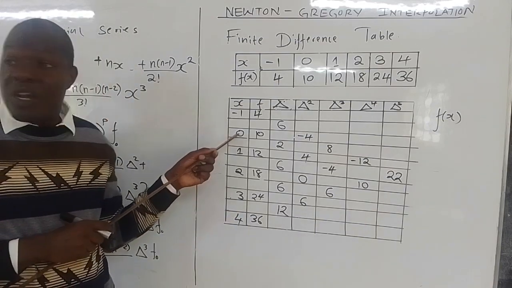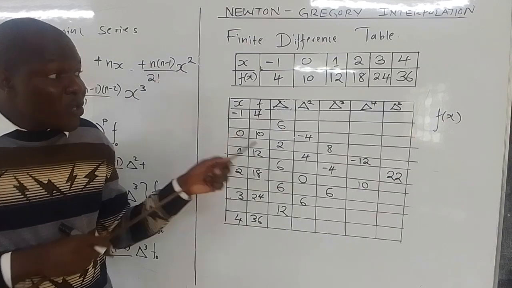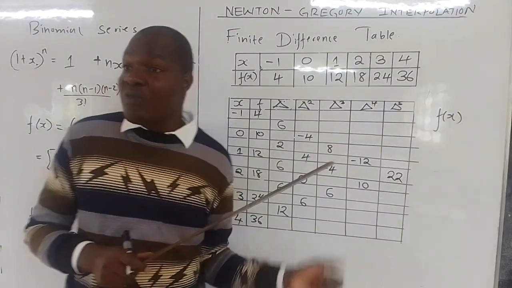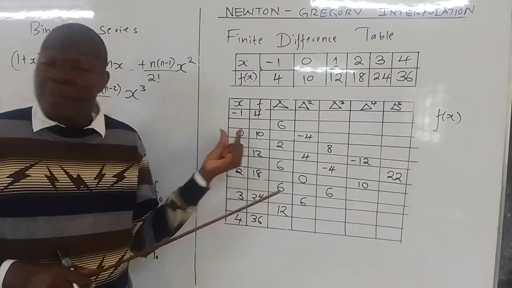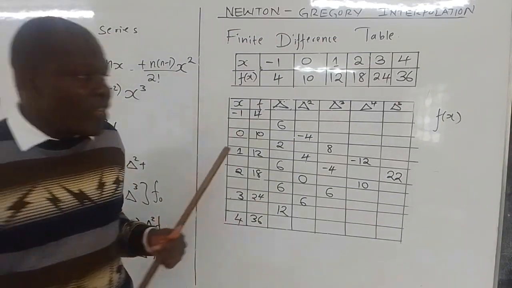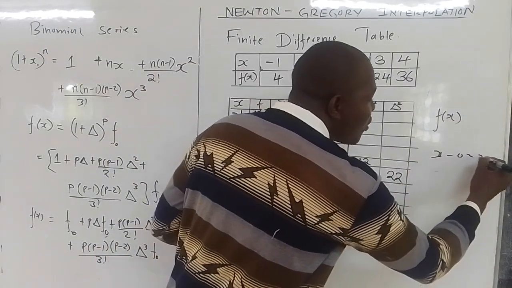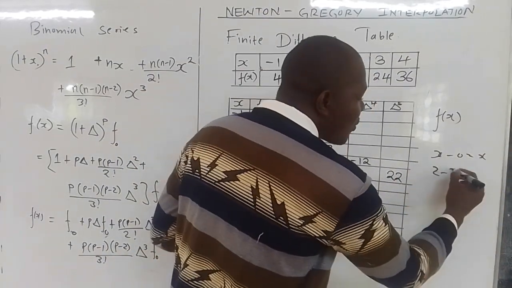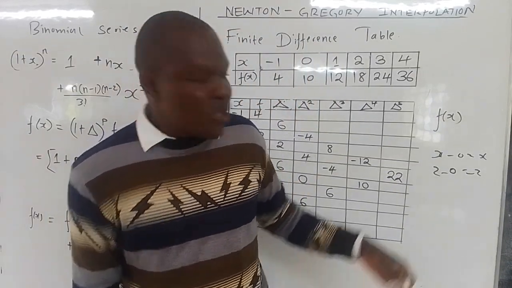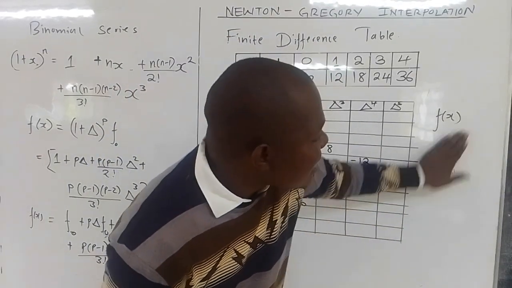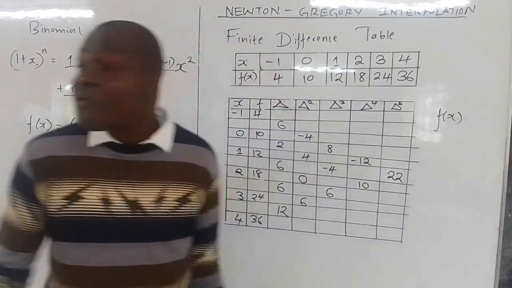Whether you get x minus 0, that will just be x, or 2 minus 0, that will just be 2. So evaluating a function at a point where you have 0 is much easier.